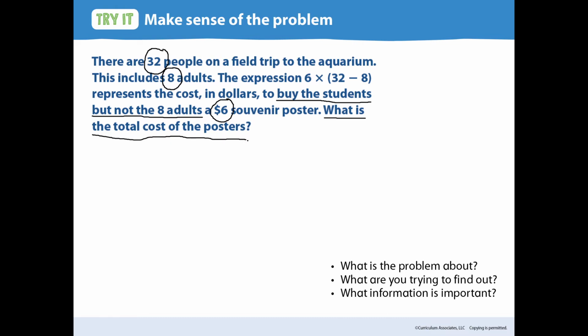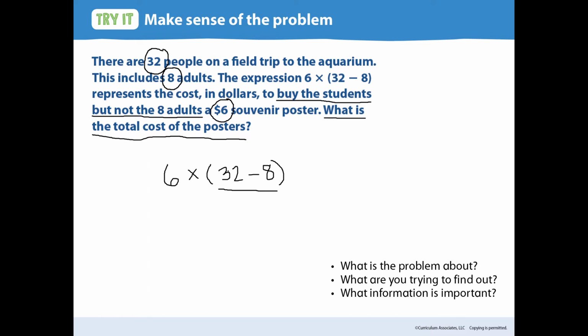All right, so the expression 6 times 32 minus 8, if I write that down here, 6 times 32 minus 8. We have 32 minus 8 in parentheses because this represents how many students there are.